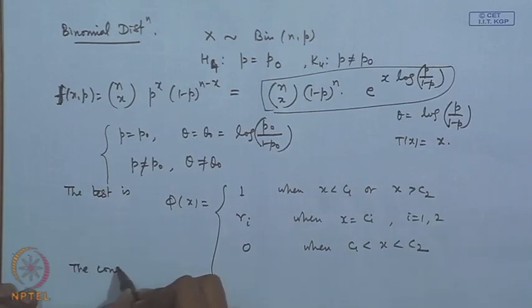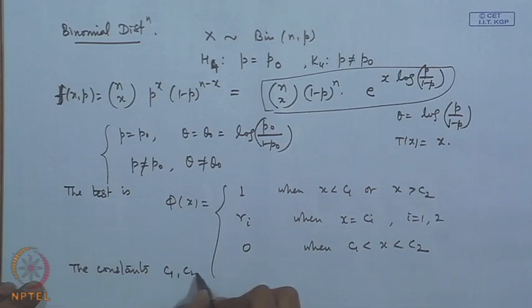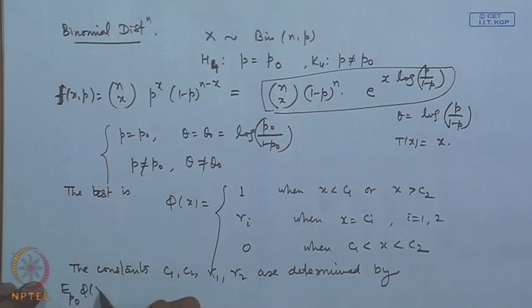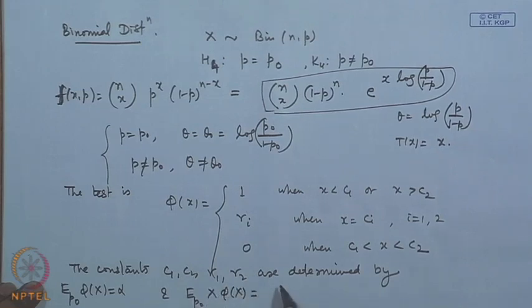The constants c 1, c 2, gamma 1, gamma 2 are determined by the conditions: expectation under p naught of phi(x) is equal to alpha, and expectation of x phi(x) is equal to alpha times expectation under p naught of x, and of course, expectation of x in the binomial distribution will be n p. So, here it will become n p naught.